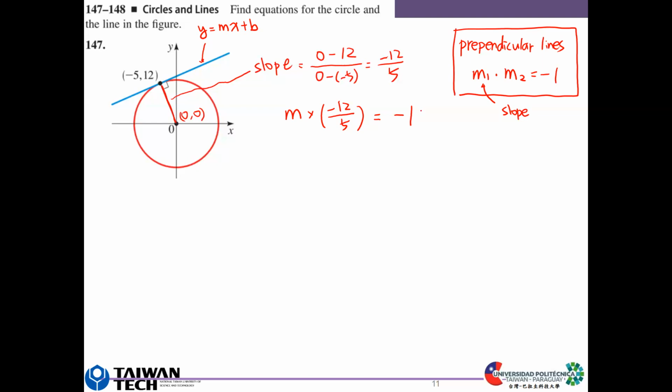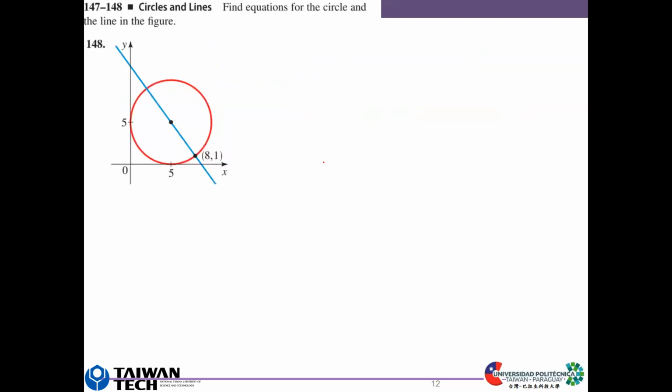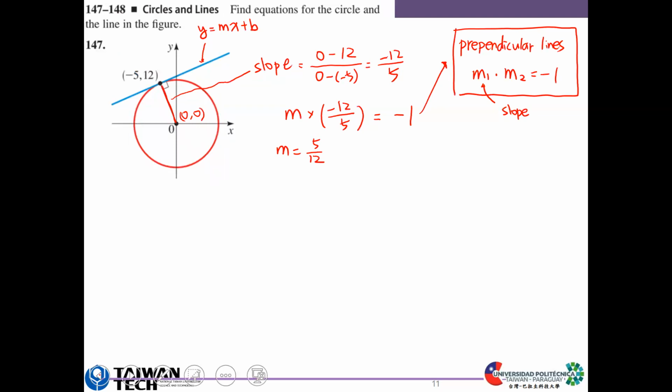So we know m equals 5/12. This is the slope of the line. And so we can write the line equation, y equals 5/12 x plus c.